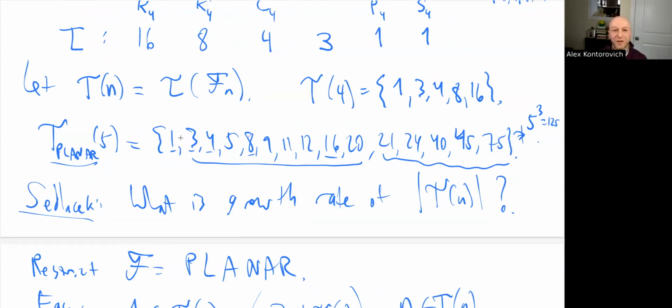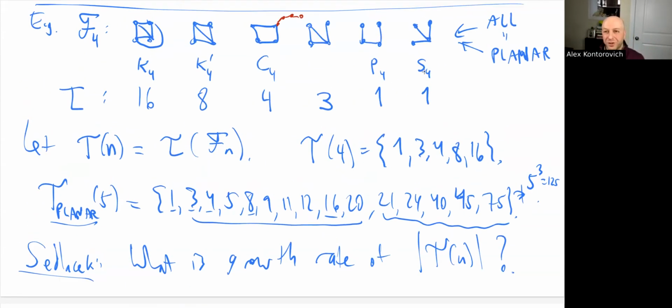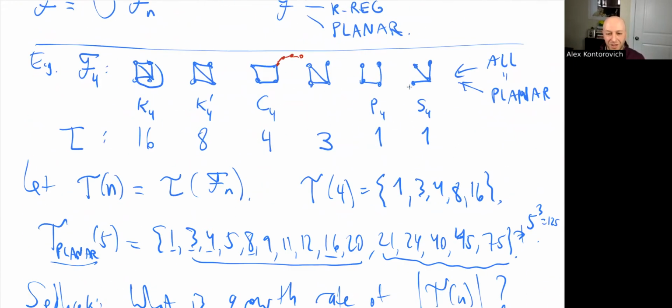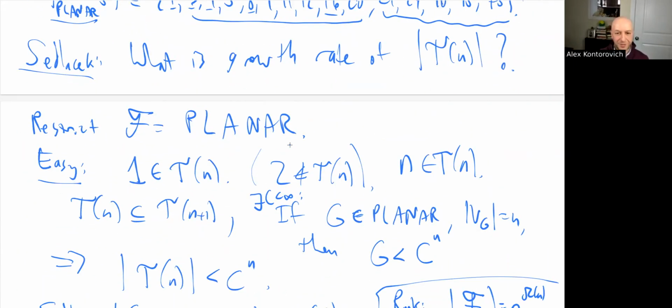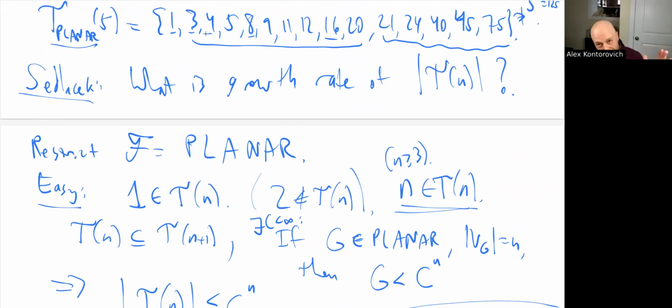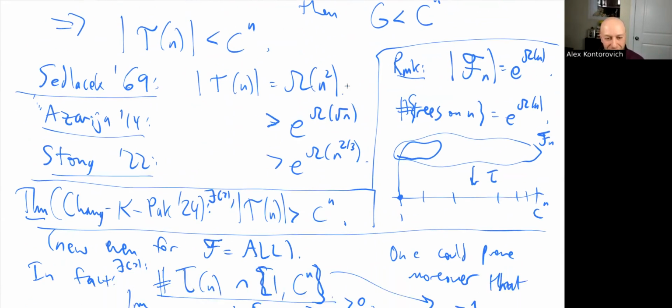Of course, it can't be every number because 2 will always be missing, but every number other than 2 will eventually arise. That's because of this observation. So every number does eventually arise. Of course, this is for n greater than 2. And in fact, what we conjecture happens is that every single number will occur, and I'll explain why that's a conjecture.